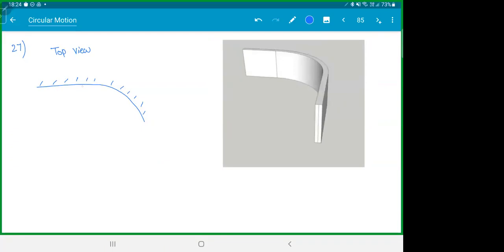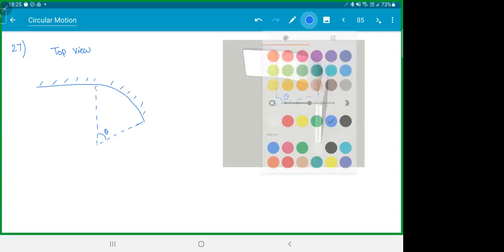So we have a block here. This is theta. So basically this curve, it's like this theta, that curve part.